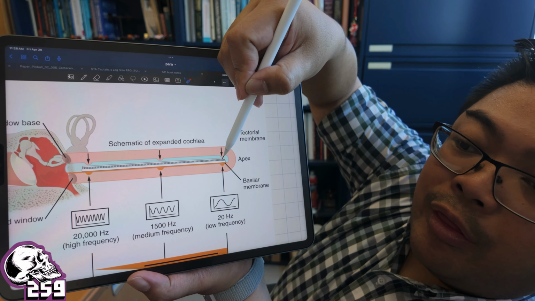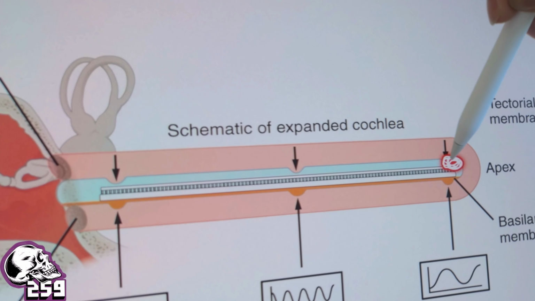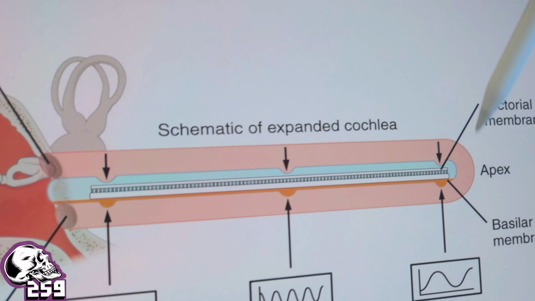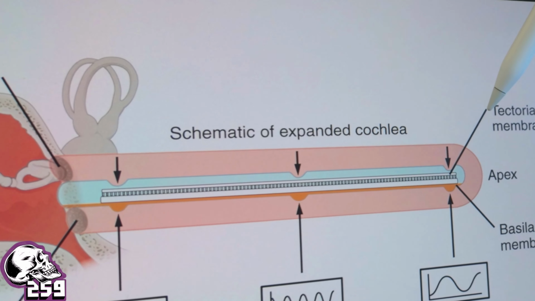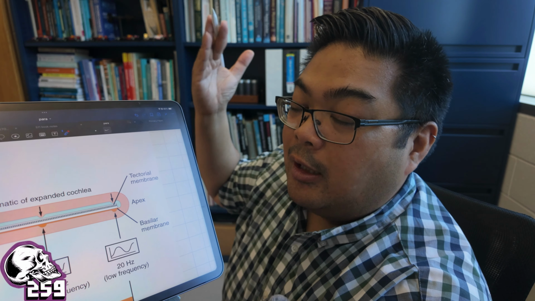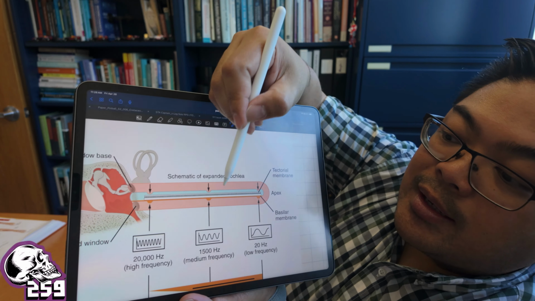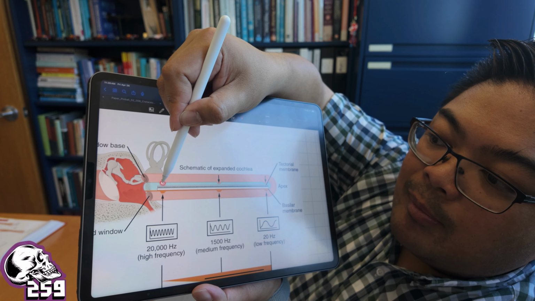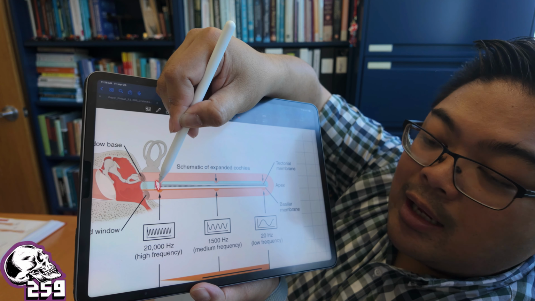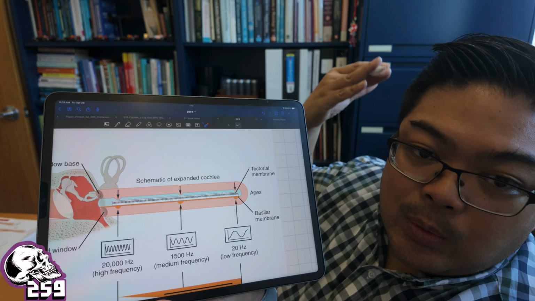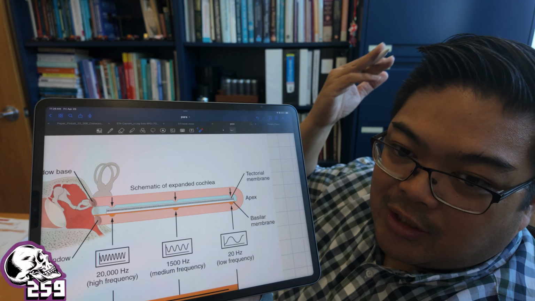So when this part of the basilar membrane bends because of a low-pitched noise, the hair cells over here are also going to bend, sending signals to our brain saying, we just heard a low-pitched noise. Whereas if we hear a noise over here, bending this part of the basilar membrane, the hair cells over here are going to send action potentials to our brain, and our brain is going to interpret that as a high-pitched noise.